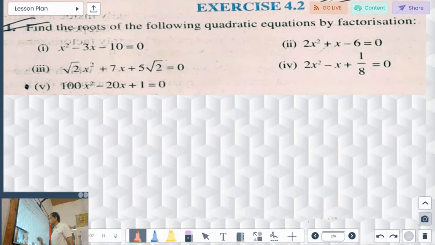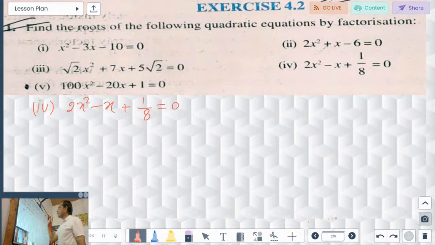Okay, next: 2x square minus x plus 1 by 8 equal to 0. First of all, we simplify this equation into the standard form.